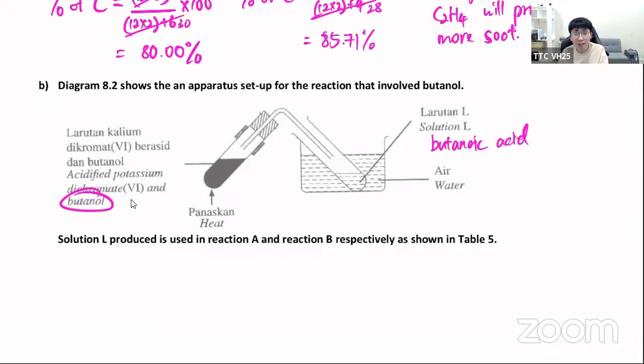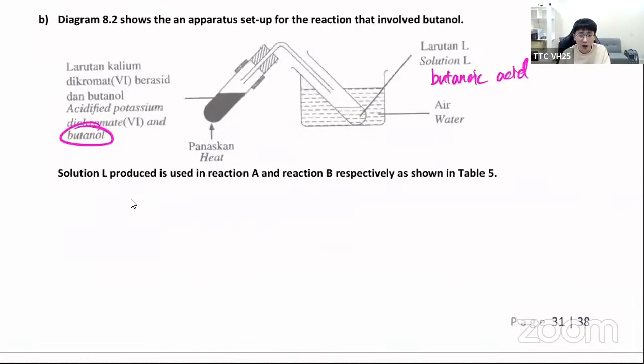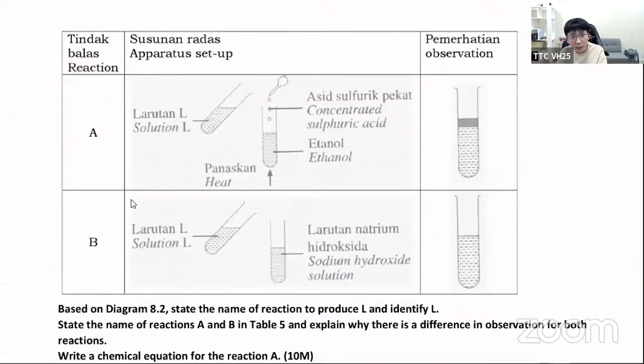Guys, just by looking at this picture, I know L is butanoic acid. Okay, all good. Then we take the butanoic acid, I add it into my ethanol and sodium hydroxide. So in A, butanoic acid, just now I said, your L is butanoic acid.